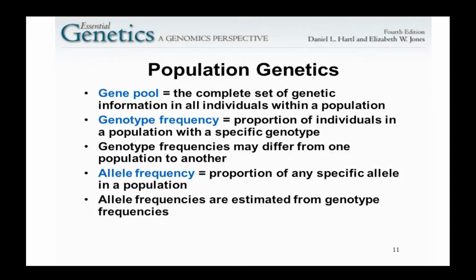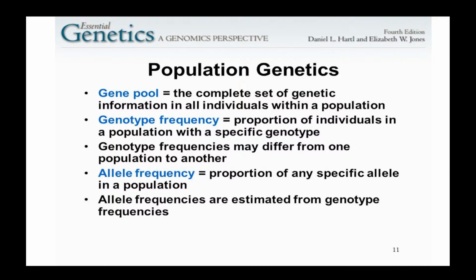The next method of medical genetics is the population statistic method, and it studies the genetic processes which happen in a population. Gene pool is the complete set of genes of all individuals in a population. Genotype frequency is the proportion of individuals in a population with a specific genotype.